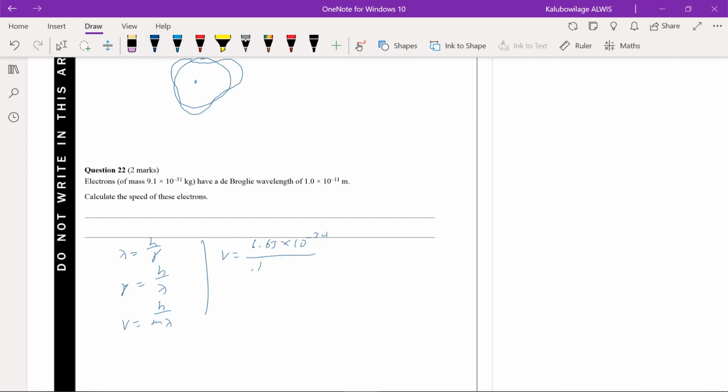Mass is given as 9.1 times 10 to the power minus 31. Wavelength is 1 times 10 to the power minus 11. 7.29 times 10 to the power 7 meters a second.